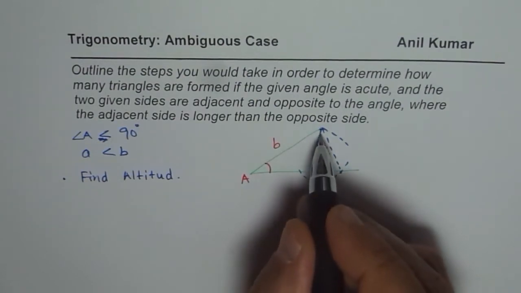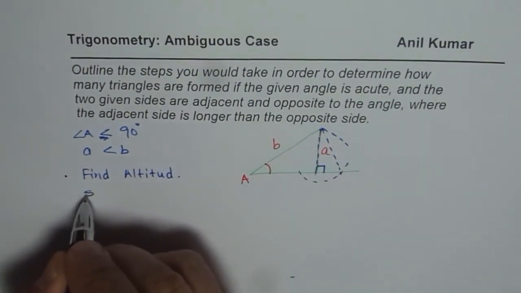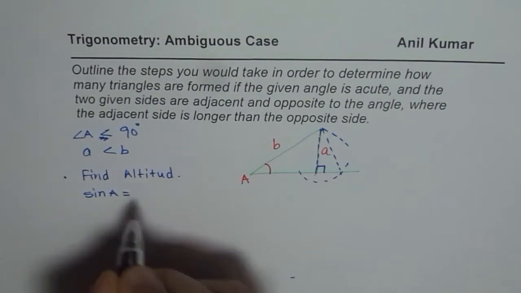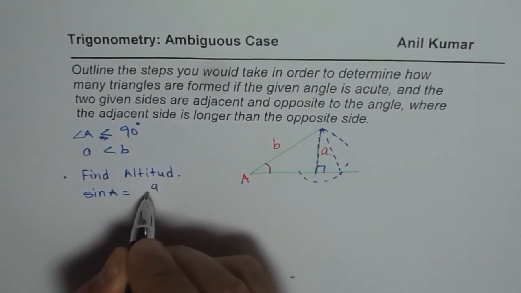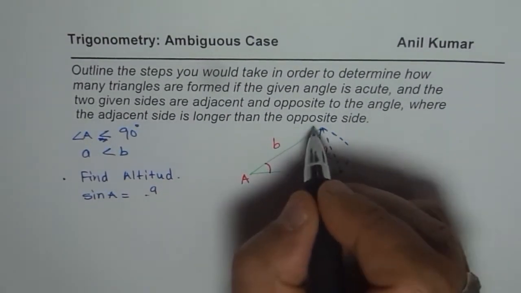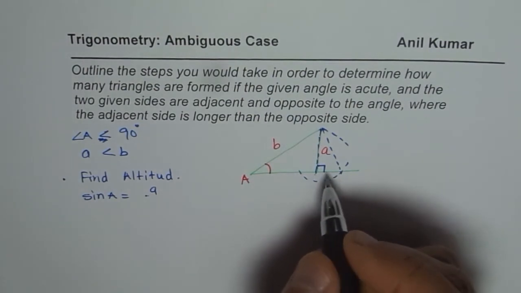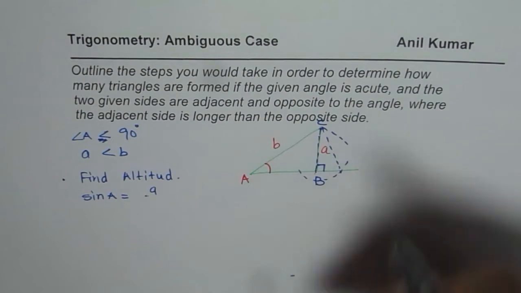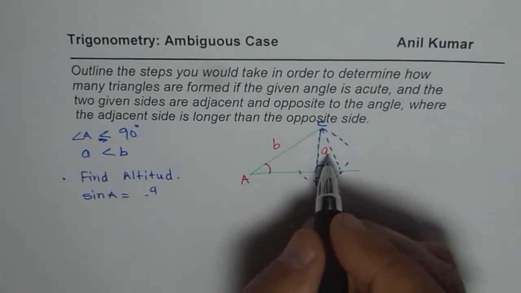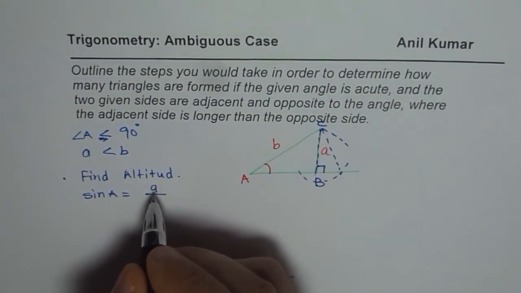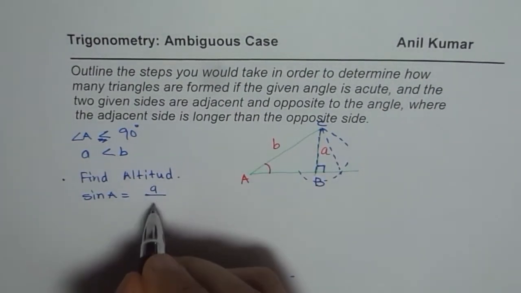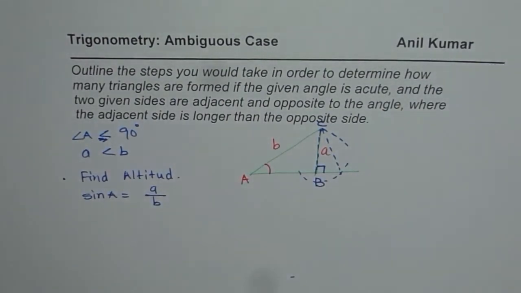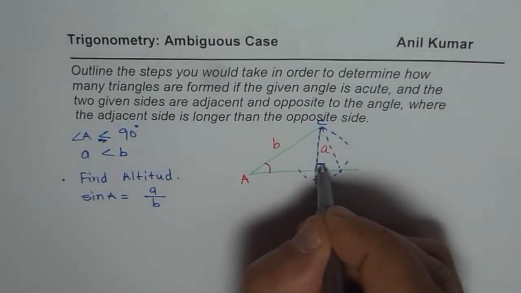Clearly, for this altitude, you can use sine of A equals a over b, if it is formed and we have a right triangle as shown here.